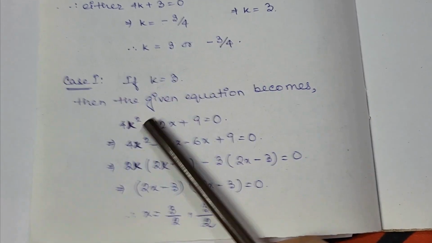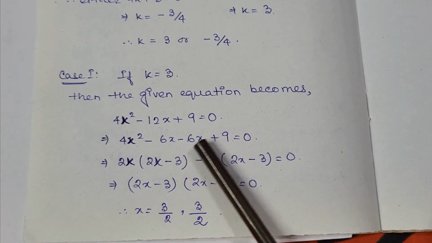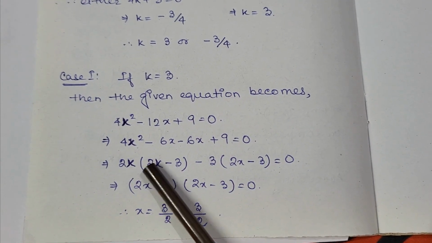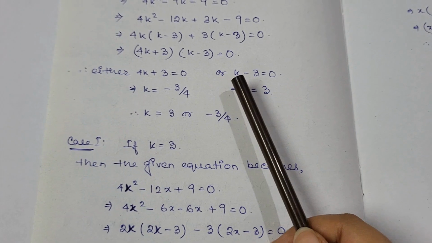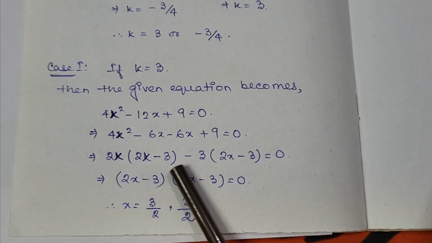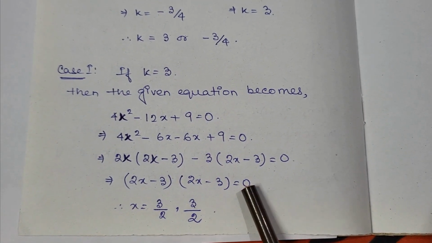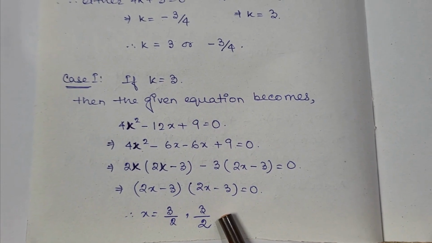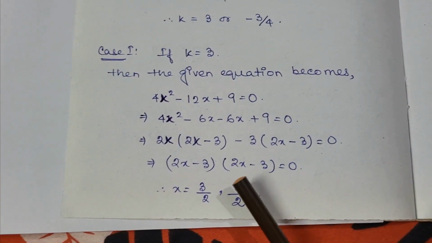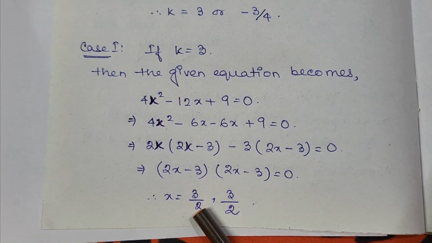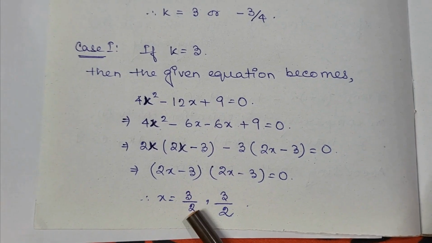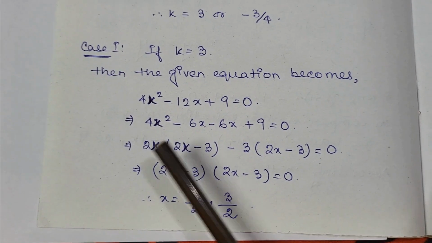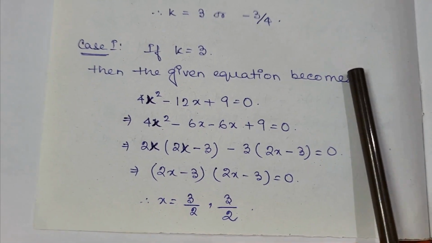Writing minus 12x as minus 6x minus 6x, and proceeding as above, we get (2x minus 3) into (2x minus 3) is equal to 0. Hence, x is equal to 3 by 2 and x is equal to 3 by 2. This shows that x is real and the roots of the given equation are equal.